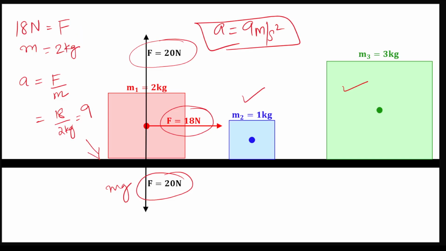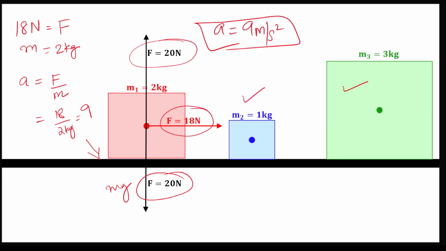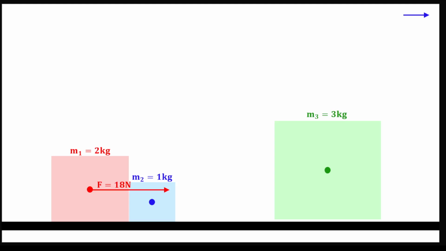Now I'm going to part 2, and I'm going to get rid of these black arrows that were here, the vectors showing the vertical forces, because we'll be considering only the horizontal forces. Because this is a 0 degree plane, which is a horizontal plane, there is no net force in the vertical direction, only forces in the horizontal direction.